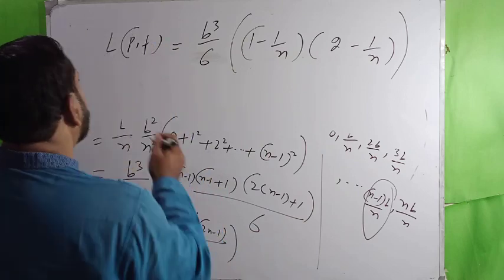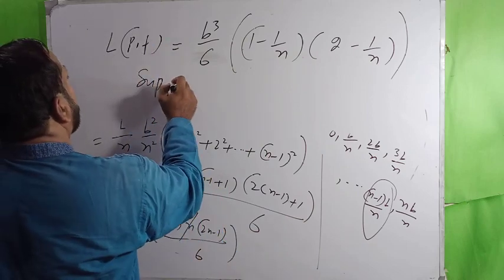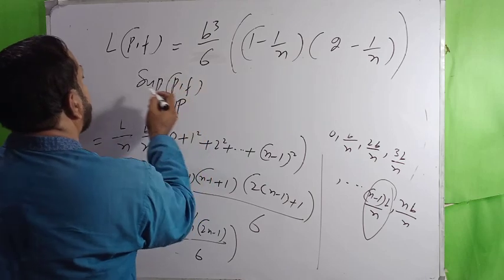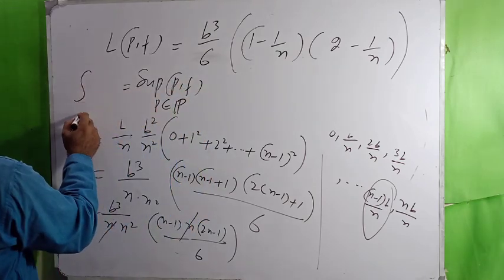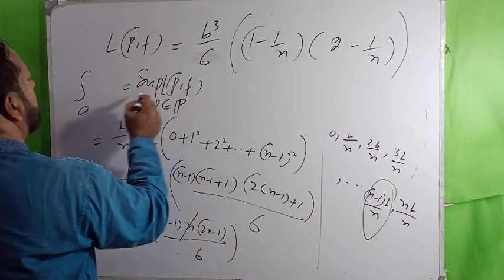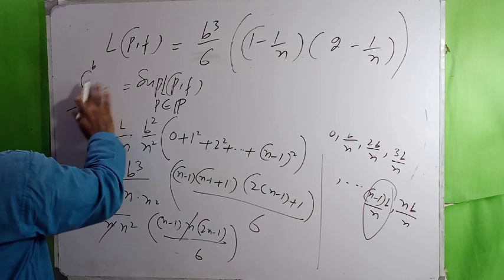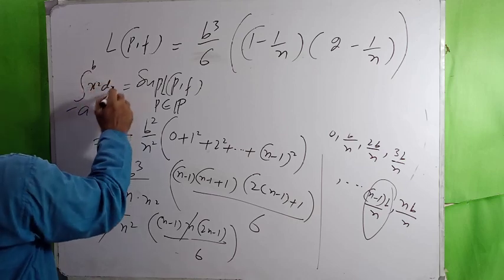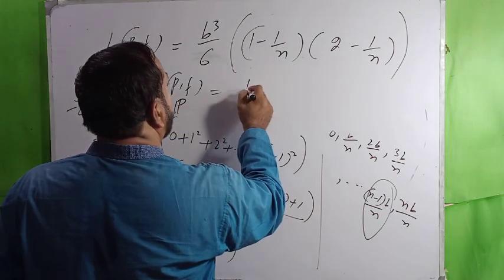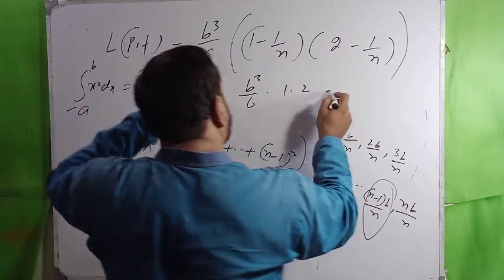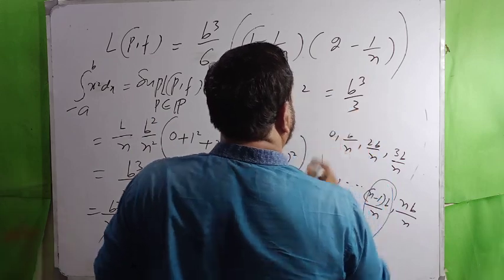So that's why if you take sup of L(P, f), P belonging to the set of partitions, this is equal to the lower integral from a to b of x square dx, which would be equal to b cube by 6 into 1 into 2, which is equal to b cube by 3.